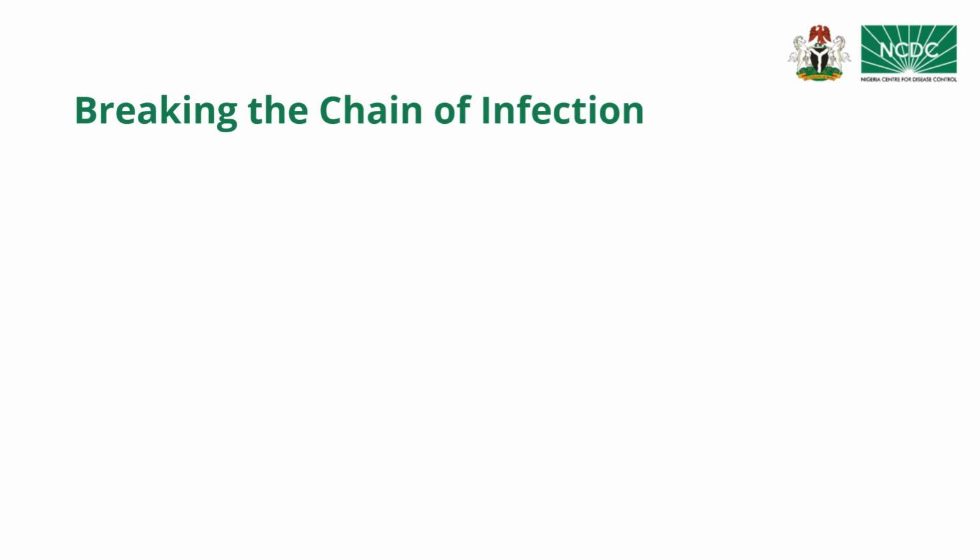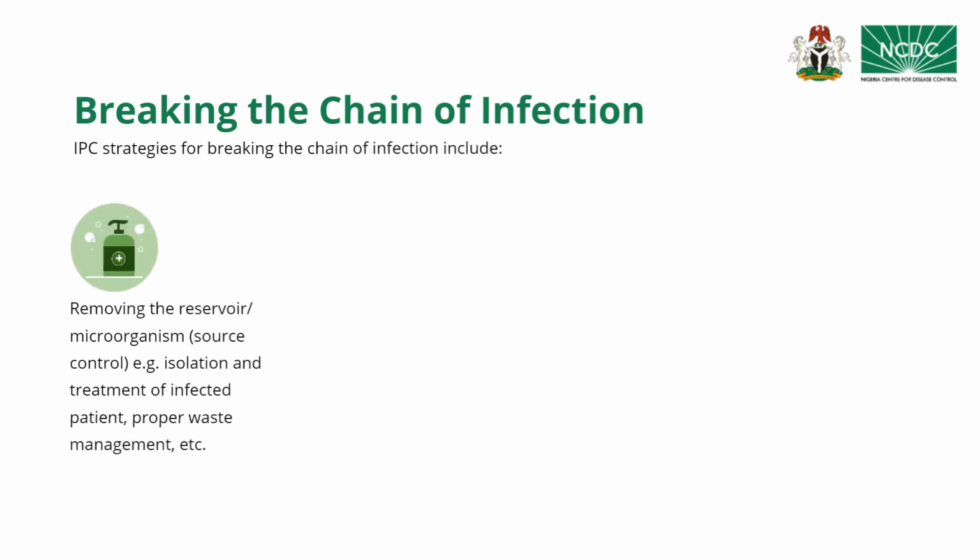To control hospital-acquired infections, the chain of infection needs to be broken. The IPC strategies for breaking the chain of infection for most infectious diseases include source control by removing the reservoir of microorganisms. This may include isolation and treatment of infected patients or implementing proper waste management procedures.